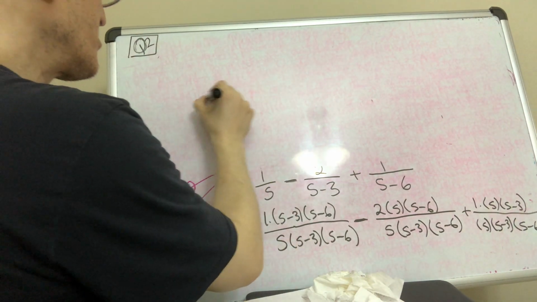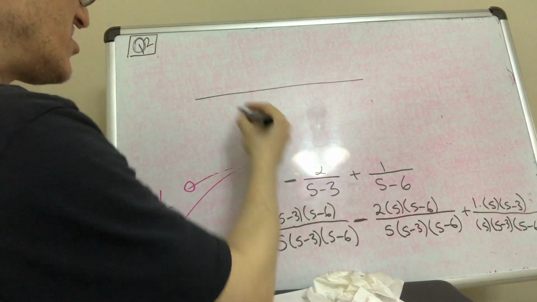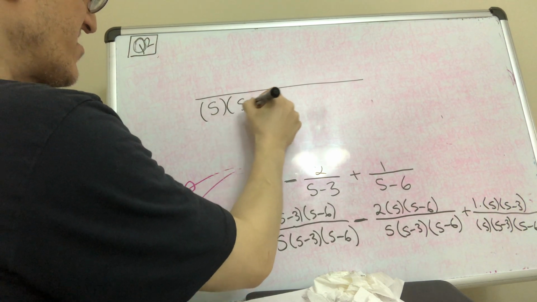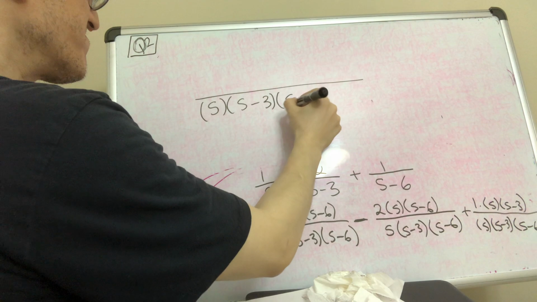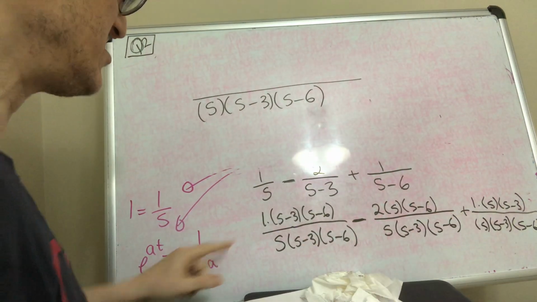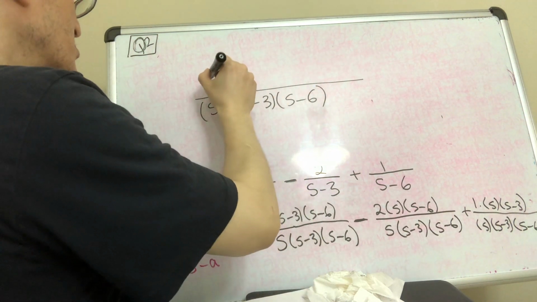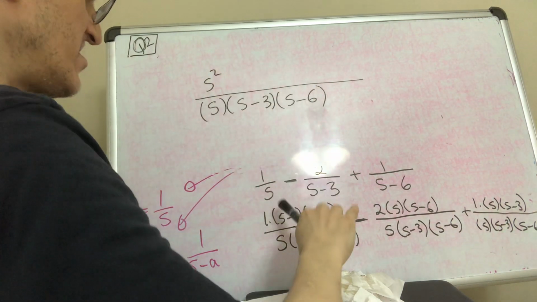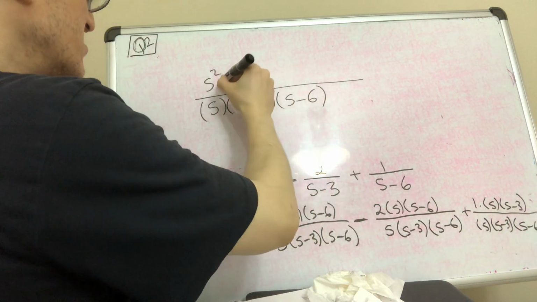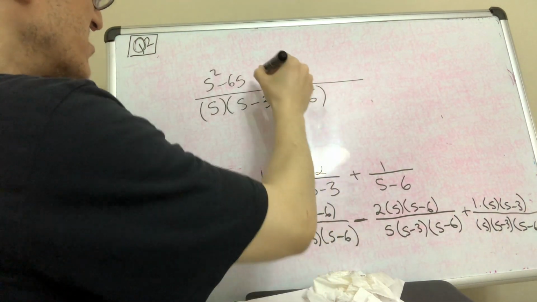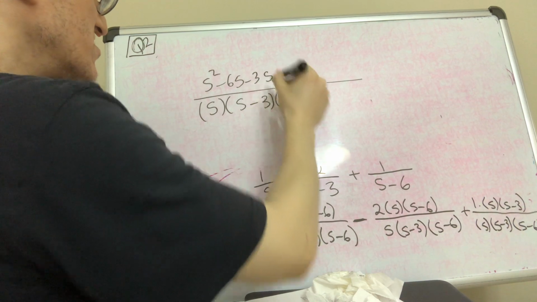So, the common denominator between all of them is s, s minus 3, s minus 6. Here, you can ignore the 1. S times s is s squared. S times minus 6 would be minus 6s. Minus 3 times s would be minus 3s.